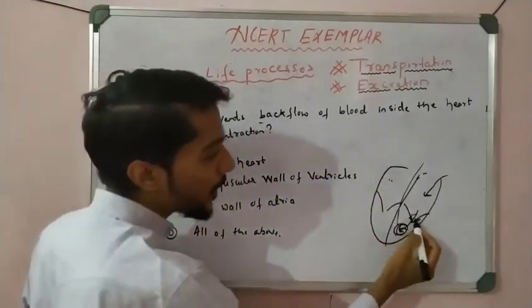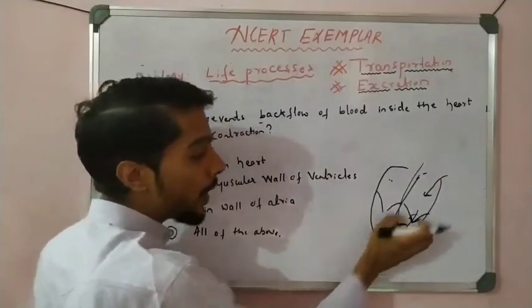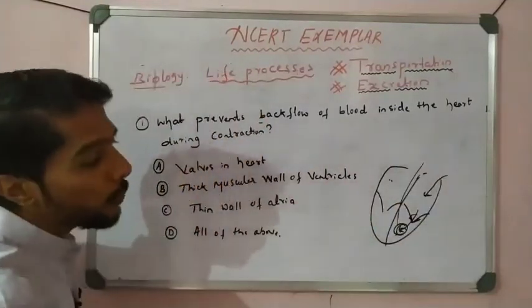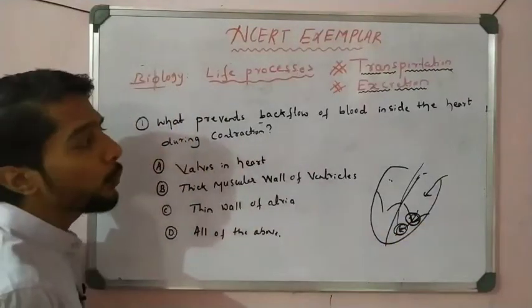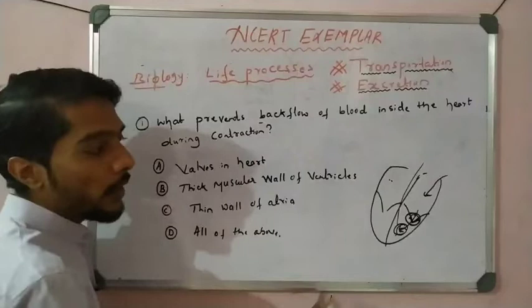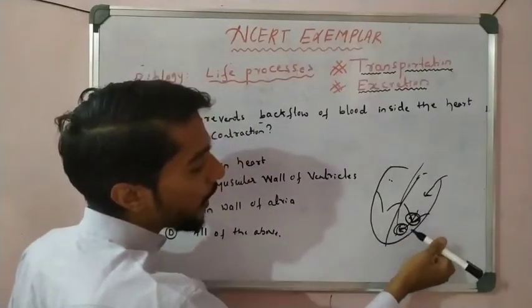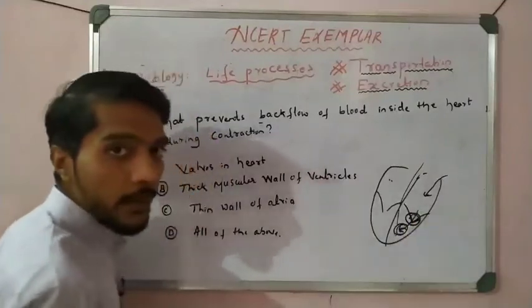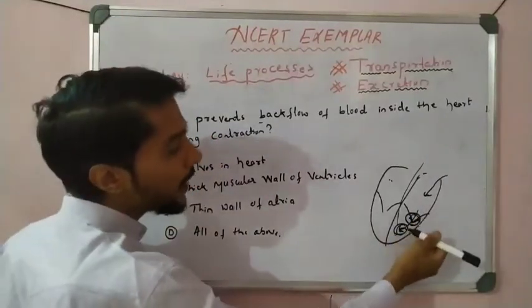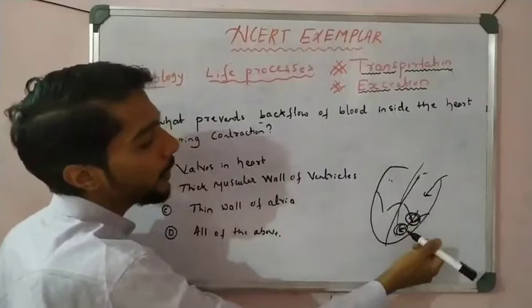If the walls are not present, due to the contraction the blood may flow back. Once the blood has entered the left ventricle, it should not go back, so to prevent that backflow we have walls.